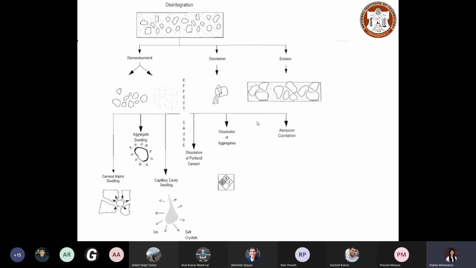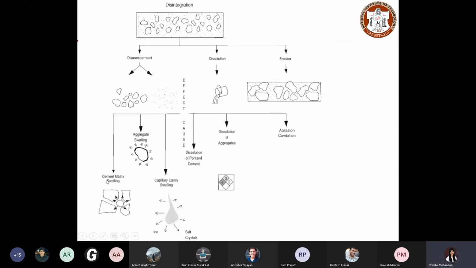So when you have dismemberment, that could lead to cement matrix swelling or aggregate swelling, depending on what type of cement and aggregate you use. And if that has a tendency to absorb moisture and expand, that will lead to such type of cement matrix swelling and aggregate swelling.